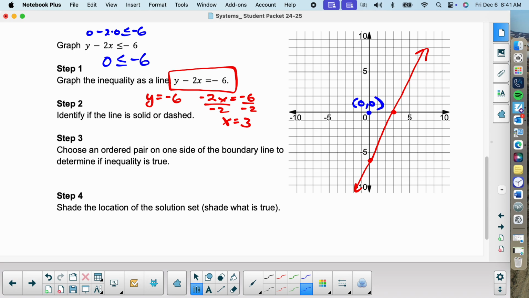No. This would be false. Okay, so once we figured out 0, 0 was false, we automatically know every number on the other half is true. Basically, this line divides the answers in half.